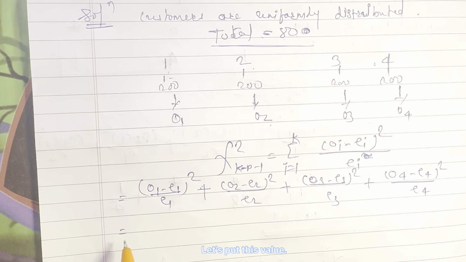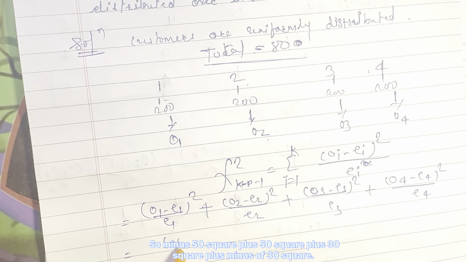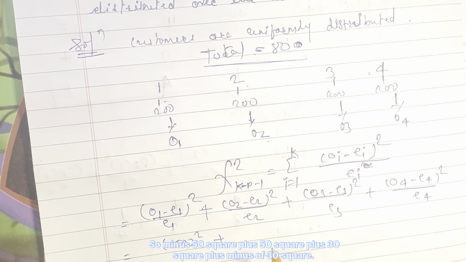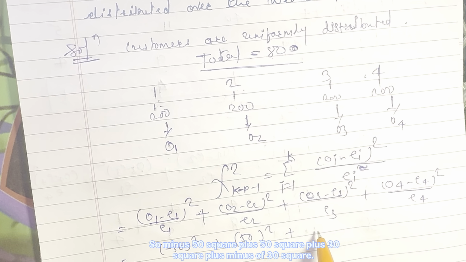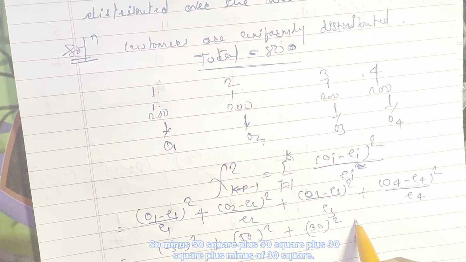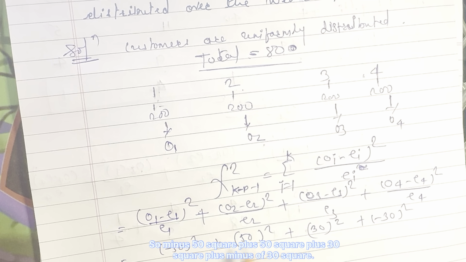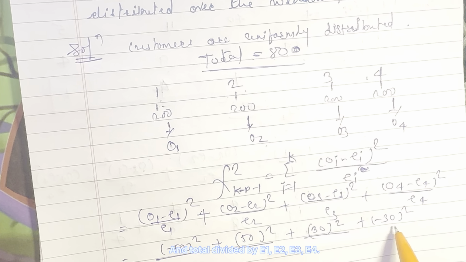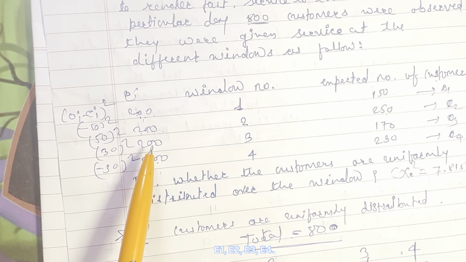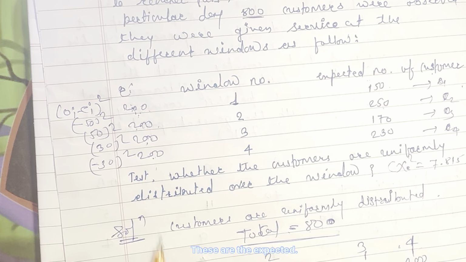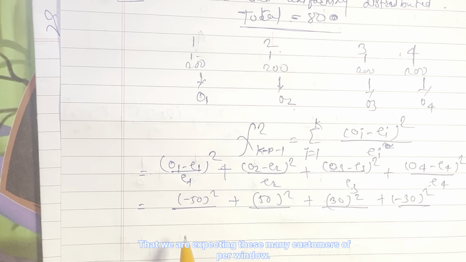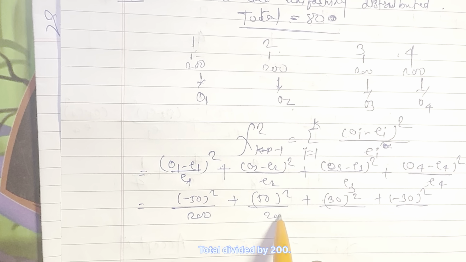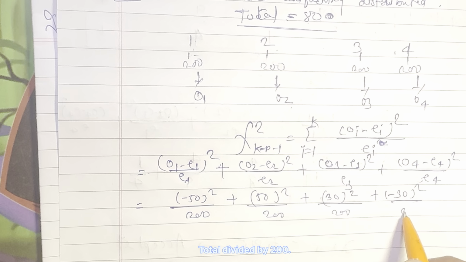Let's put this value: minus 50 squared plus 50 squared plus 30 squared plus minus 30 squared, and the total divided by E1, E2, E3, E4. These are the expected values, the number of customers we expect per window. So the total is divided by 200.